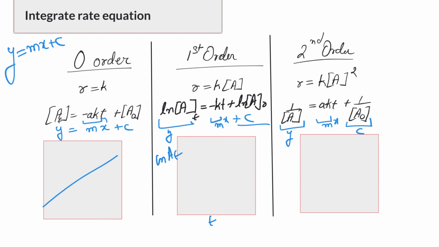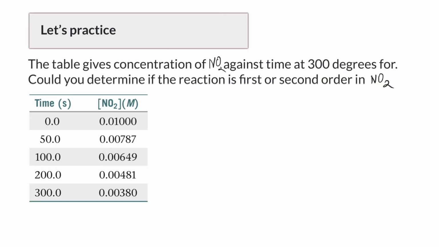You should be mindful, minus, right? So the graph will look something like this. Again, same 1 upon a and 1 upon at. So if you plot here 1 upon a and t here, it should again be a straight line. So this is how you actually try to find out the order of the reaction by using experimental data.